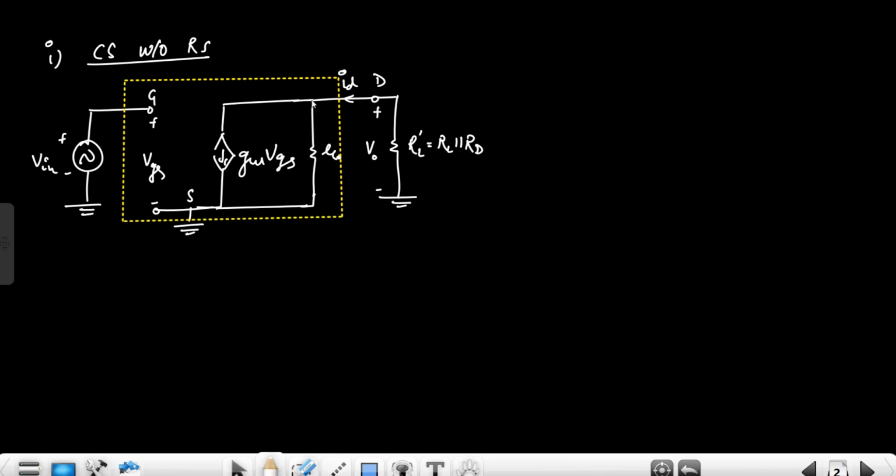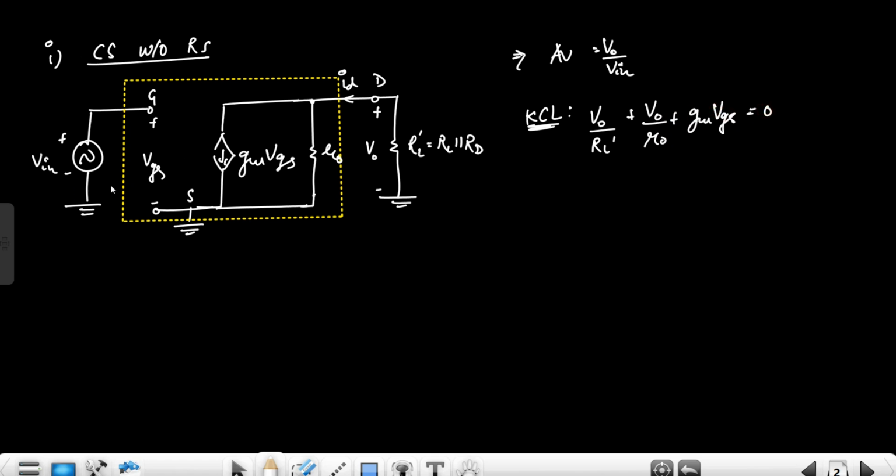Now we have to find the small signal voltage gain, that is V0 upon Vi. We can apply KCL at the drain terminal: V0 upon RL dash plus V0 upon R0 plus gm VGS is equal to 0.